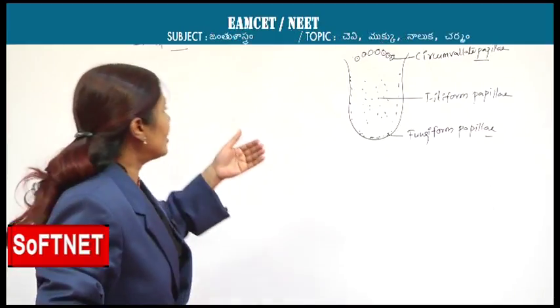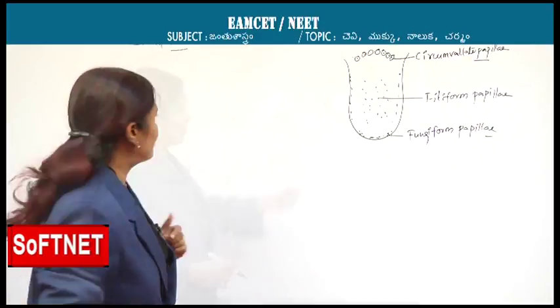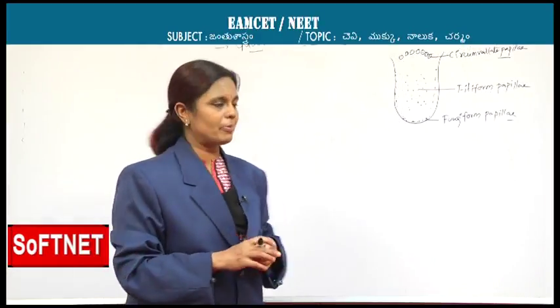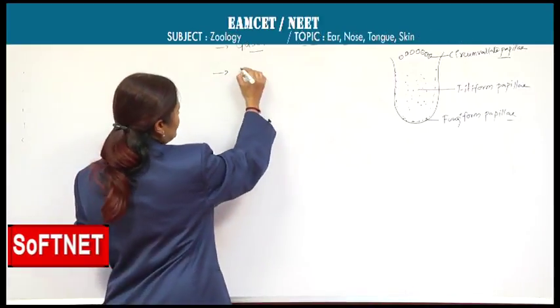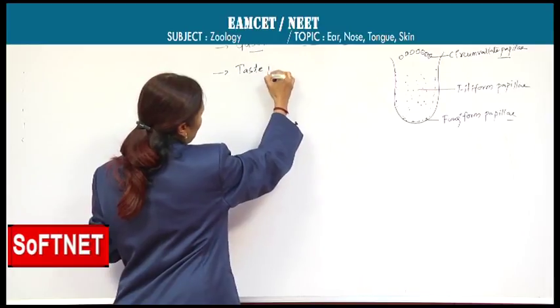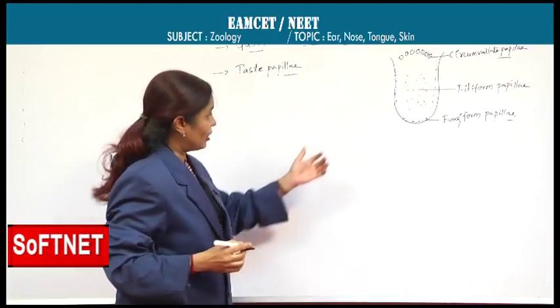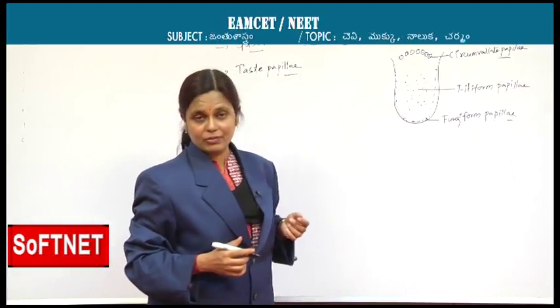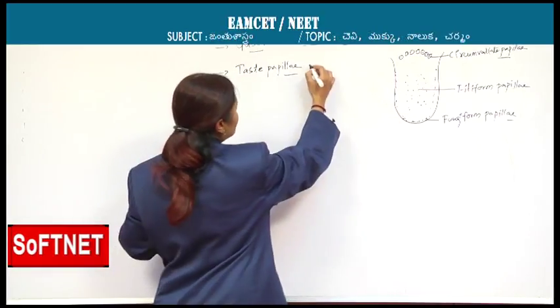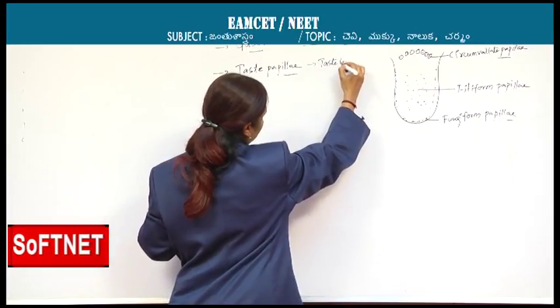Present inside these taste papillae, there are taste buds. Taste papillae are sac-like structures present on different parts of the tongue. Inside these taste papillae, there are taste buds.